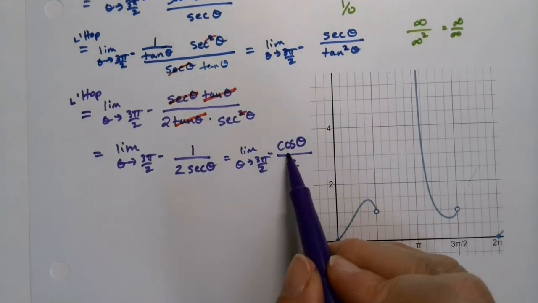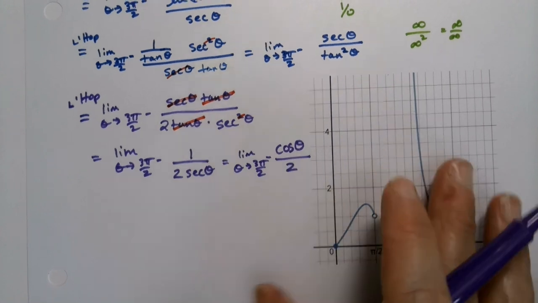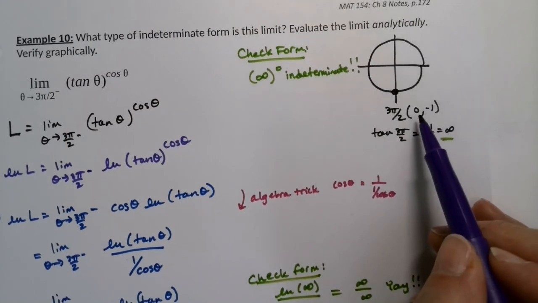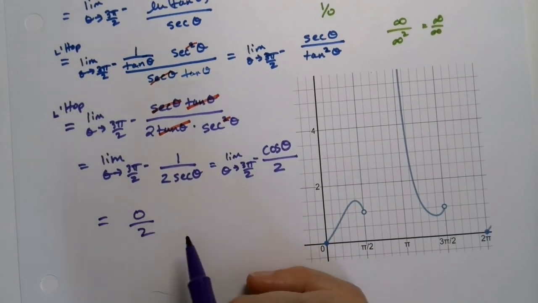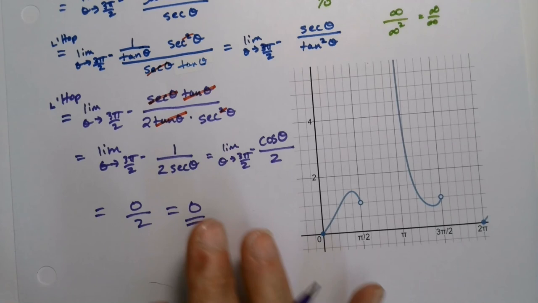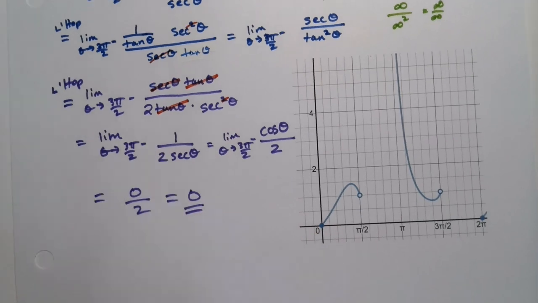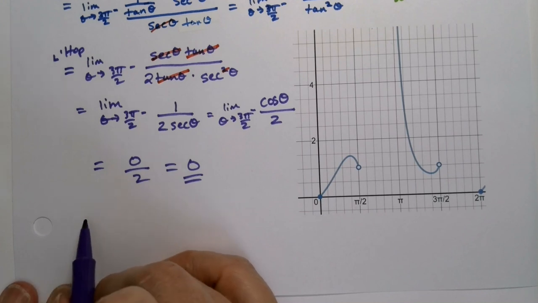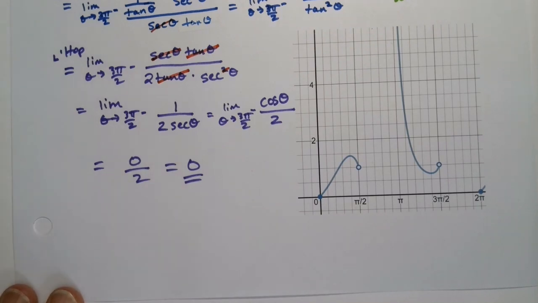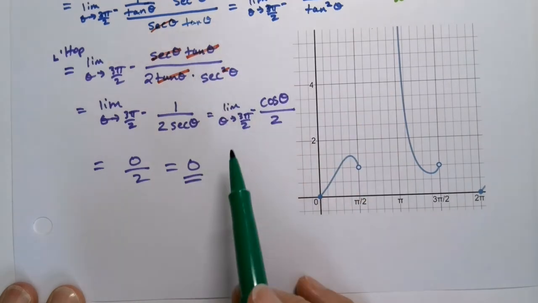Now, cosine theta is not indeterminate. We know what cosine of theta is. If I get that, it's 0, right? So this would be 0 over 2, which is 0. So then that means that we're now ready for step 4. All of this work was step 3.